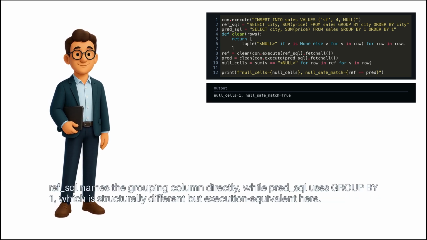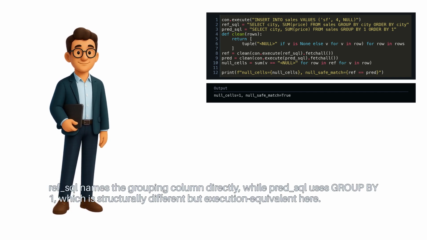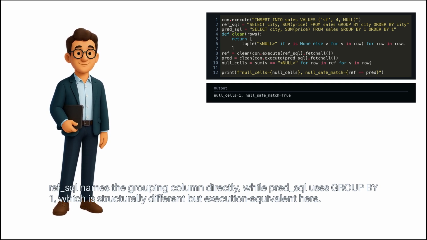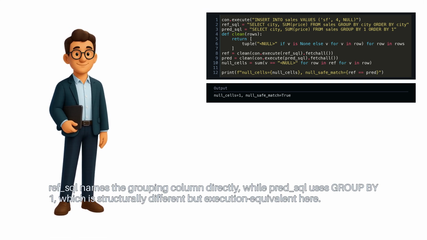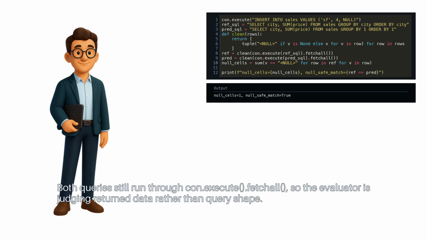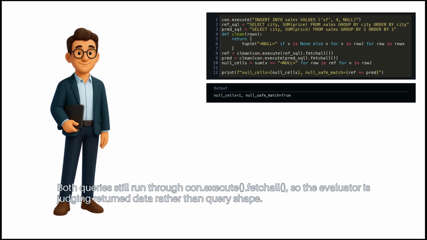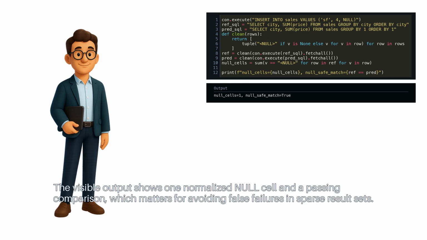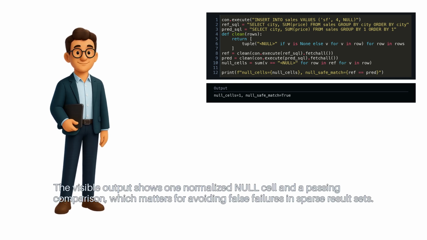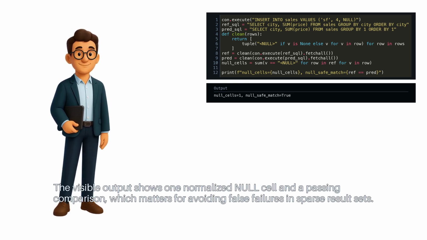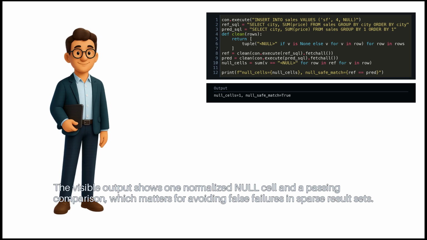Ref SQL names the grouping column directly, while pred SQL uses GROUP BY 1, which is structurally different but execution equivalent here. Both queries still run through con.execute().fetchall(), so the evaluator is judging return data rather than query shape. The visible output shows one normalized null cell and a passing comparison, which matters for avoiding false failures in sparse result sets.